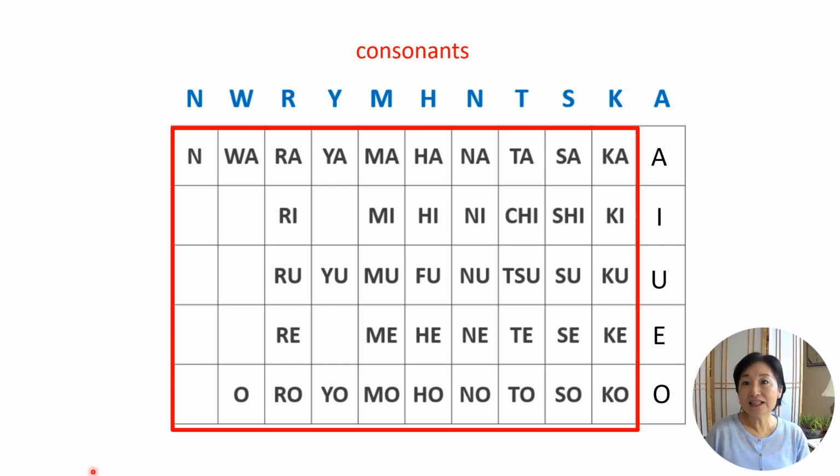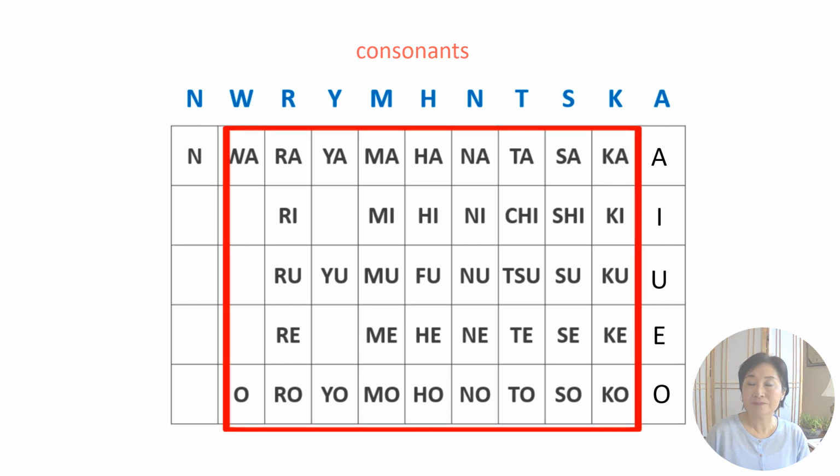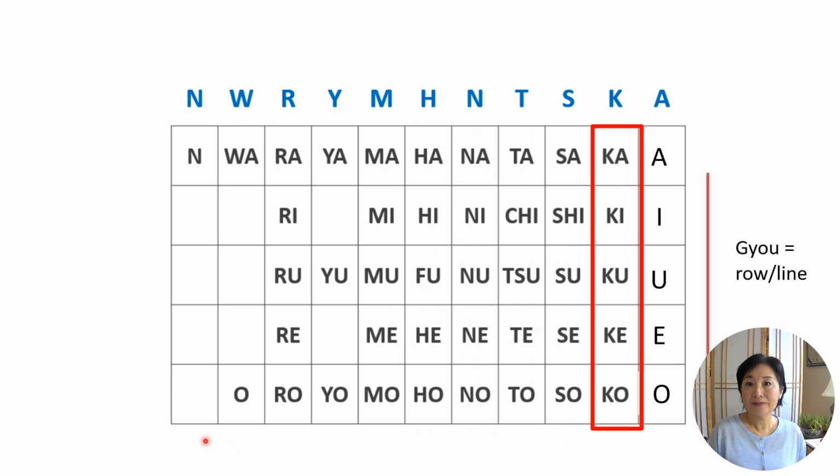So let's take a look at the consonants under K line, kagyo. When you prolong these consonants under kagyo, you end up actually hearing the vowel sounds. So please listen to the concealed vowel sounds as I say it.